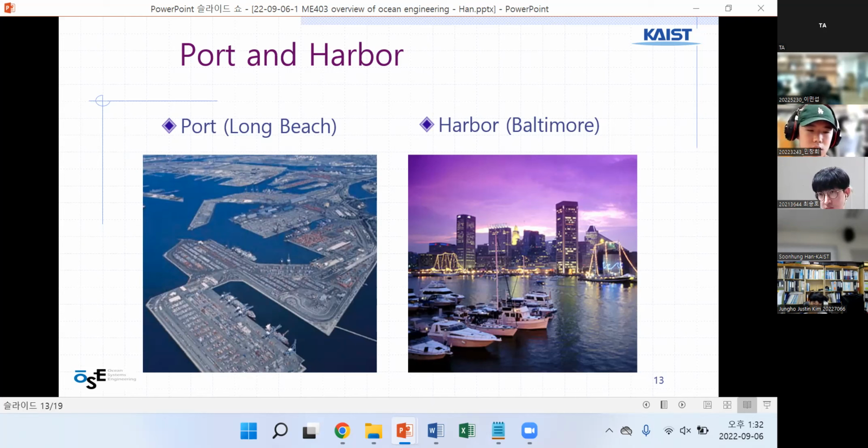So they converted this port into a tourist point, so that you can see only yachts and good viewing buildings or apartments, not commercial big ships. So they changed the role of the port, in terms of economy and history.